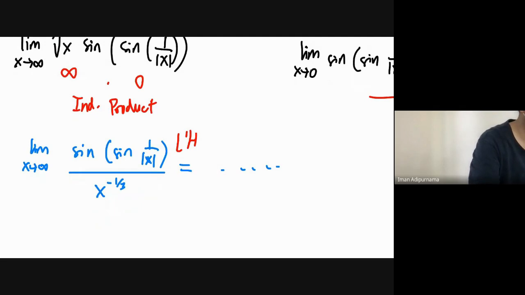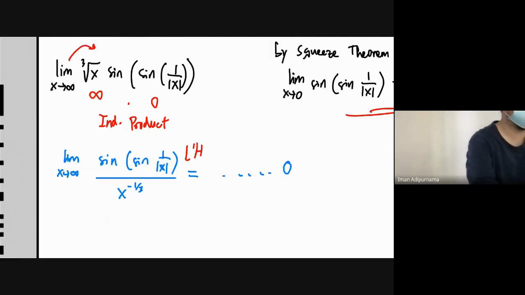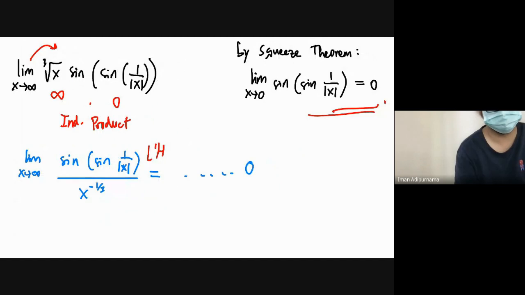The answer should also be infinite. Because of the chain rule, the 1 over x will become another x with a negative power, right? And the bottom will be higher than the top, so I think it should be getting 0.